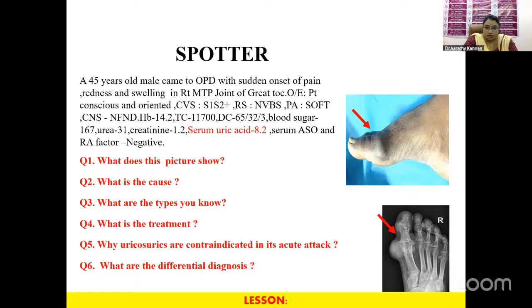What does this picture show? What's the diagnosis you can think of from this picture? What do you think would be the cause of this condition? What are the different types of this condition you can think of?